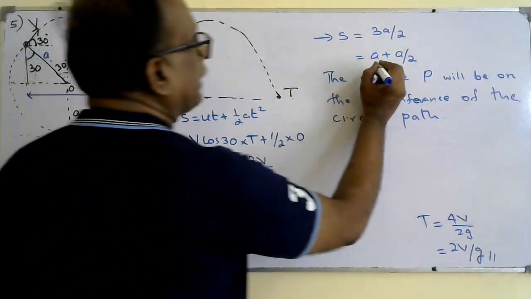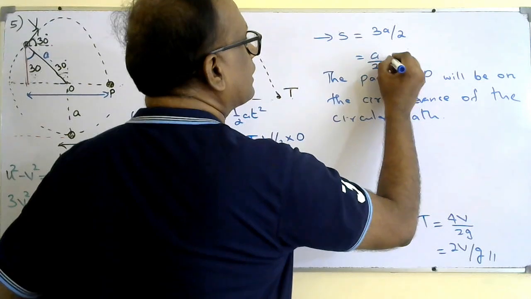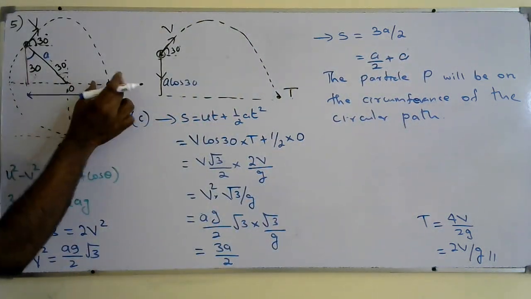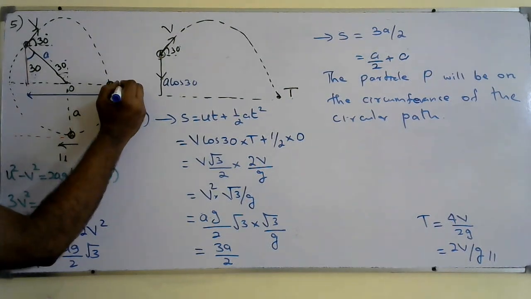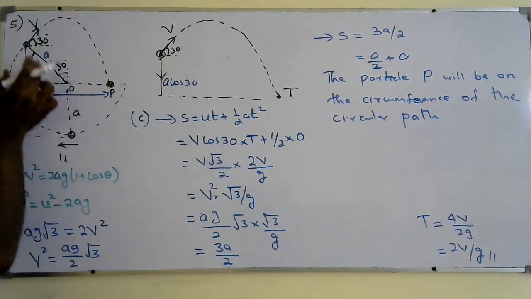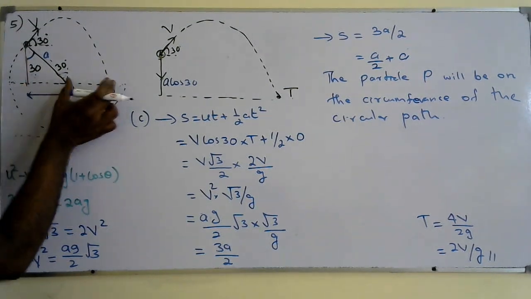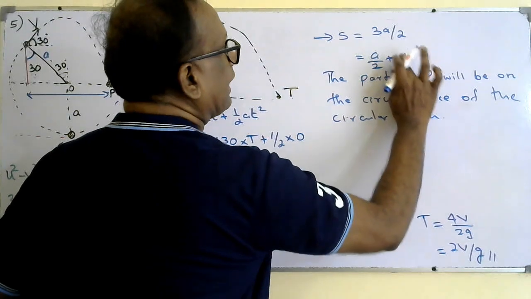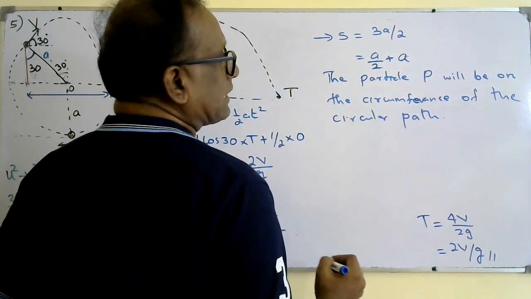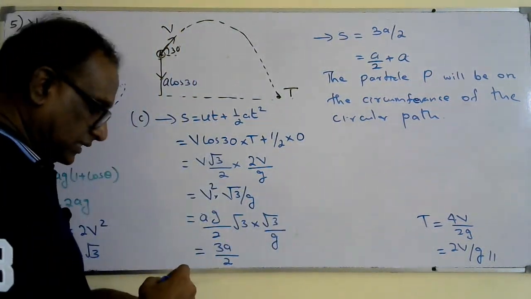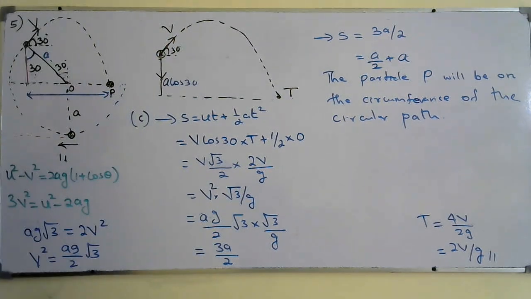I can write this A by 2 plus A. This is A by 2 if it is on the circumference of the circular path, because A cos 30. If it is on the circumference, it will be A. So A by 2 plus A, that is 3A by 2. So the particle P will be on the circumference of the circular path. So the string will be under tension. That's the answer we have to give finally.